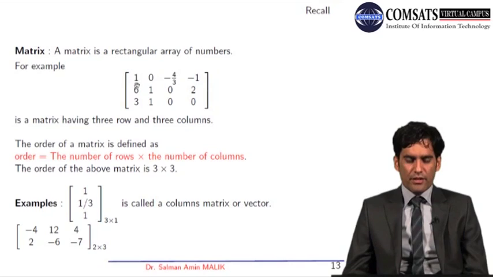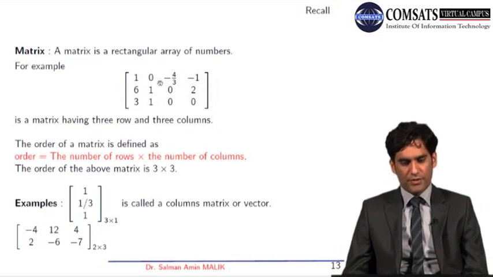Each entry is located by the row in which it lies and the column in which it lies. For example, this entry is known as 1, 1 because it is situated at first row and first column. This entry is known as 1, 2, first row and second column.